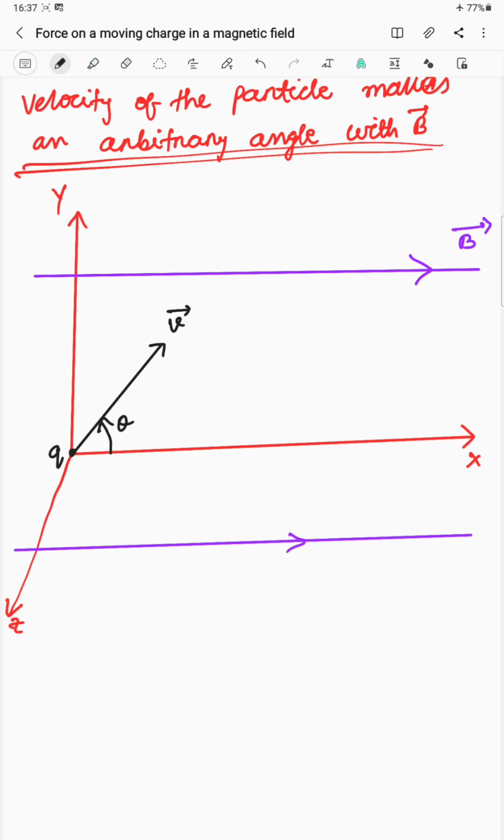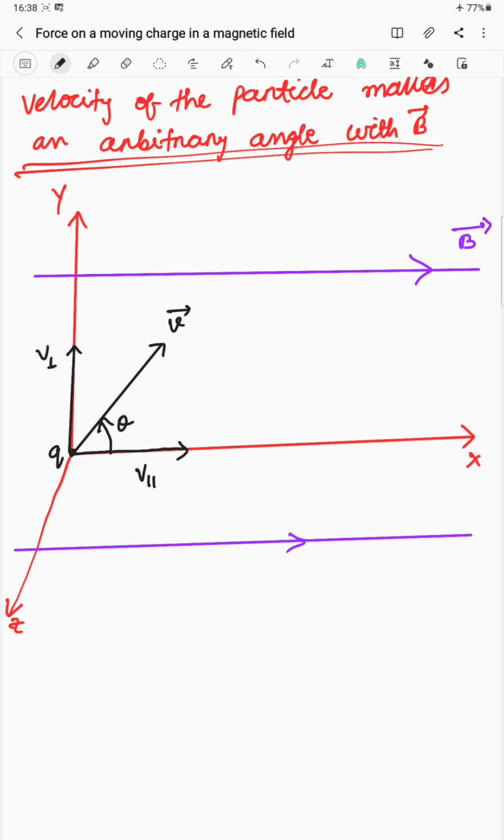See, this velocity v can be resolved into 2 components. One component along the x-axis, which will be called your parallel component, v parallel, and the other one will be this one, which will be in the y-axis, that will be v perpendicular. Okay, two components it will have. One parallel component, other one is the perpendicular component.